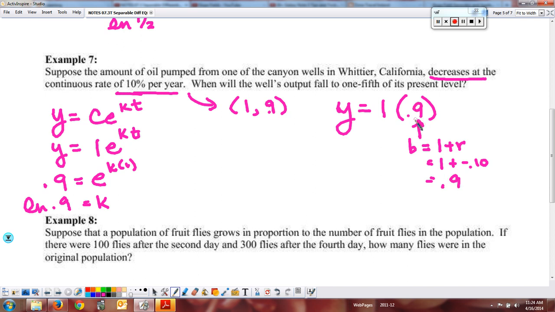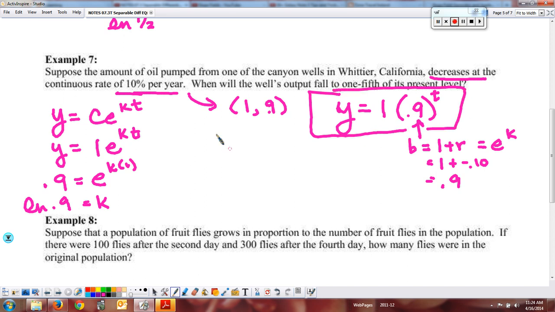And I get to that 0.9 in a year, so this would end up being t over 1. If it had happened in 2 years, it would have been t over 2, and so on and so on. And remember that this 0.9 is what is your e to the k. So a lot of times we come directly to this right here. And then to answer the question, so this is the model for the problem that we're talking about.